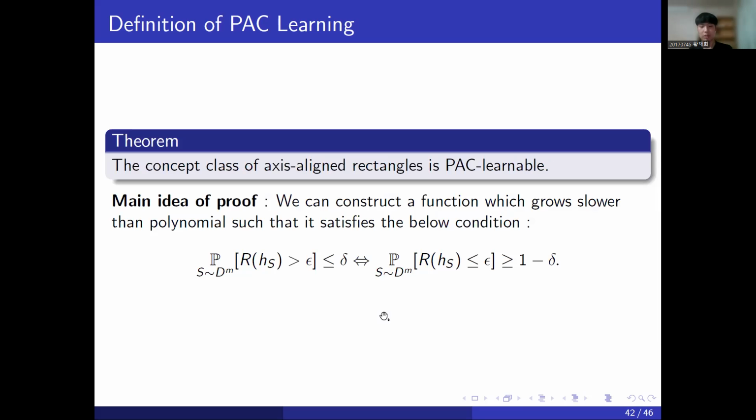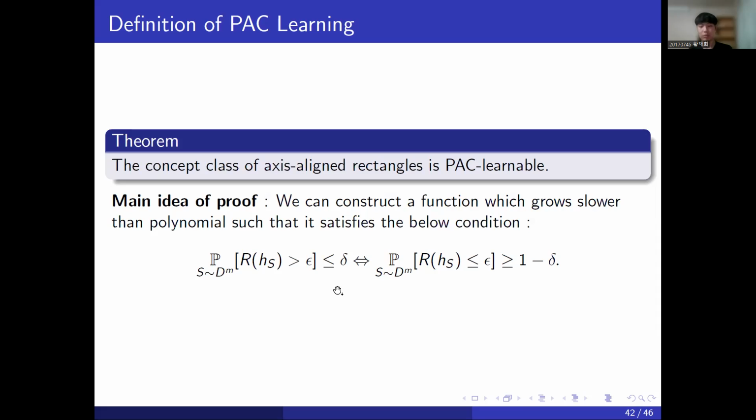And I suggest an example of this PAC learnable problem. This theorem states that the concept class of axis-aligned rectangles in R squared is PAC learnable. The proof is quite complicated and long, as you remember. So in this summary, I briefly explained the main idea of the proof.